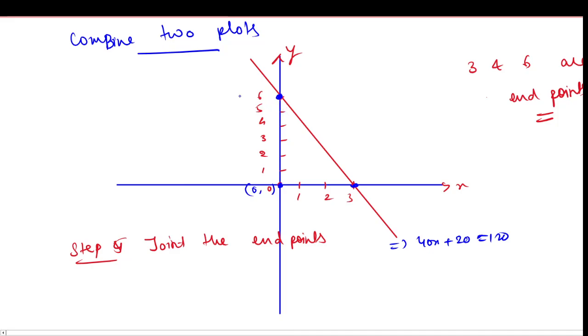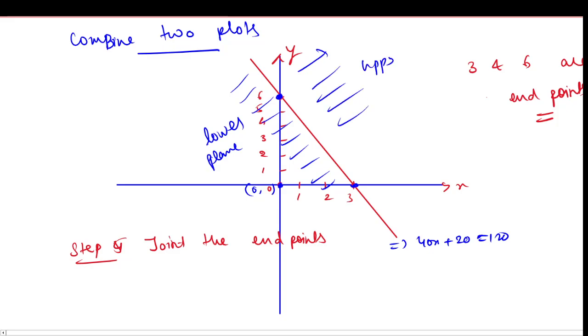So this is the lower plane, and this is the upper plane, and this is 40x plus 20y greater than 120, and this is 40x plus 20y less than 120.